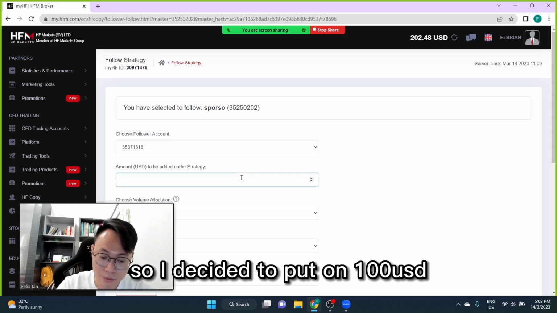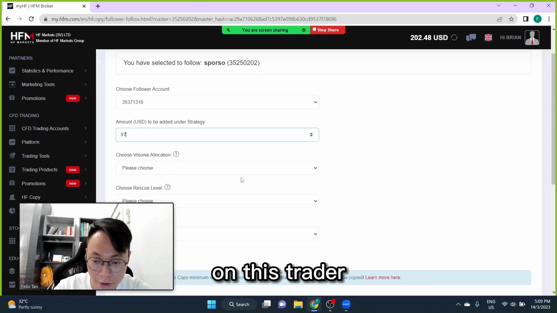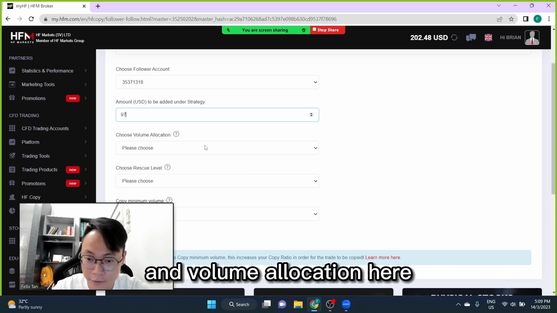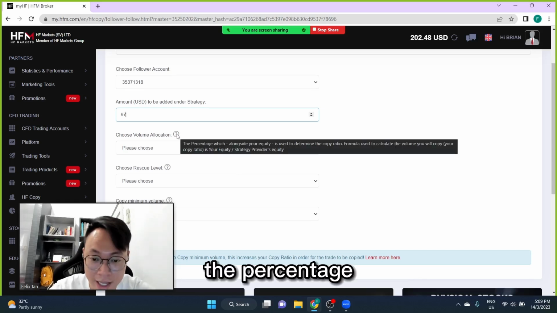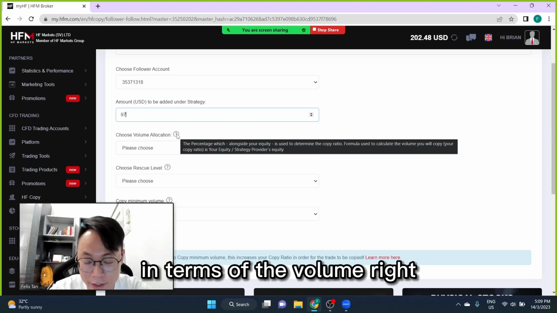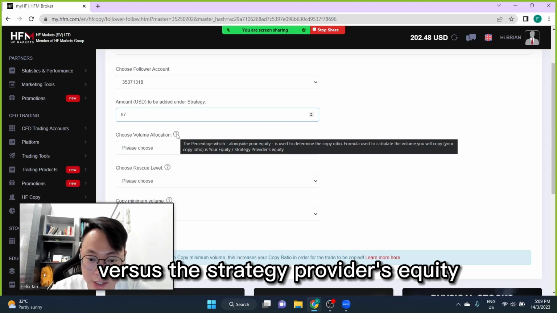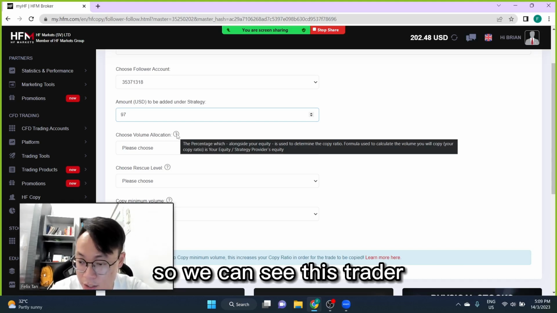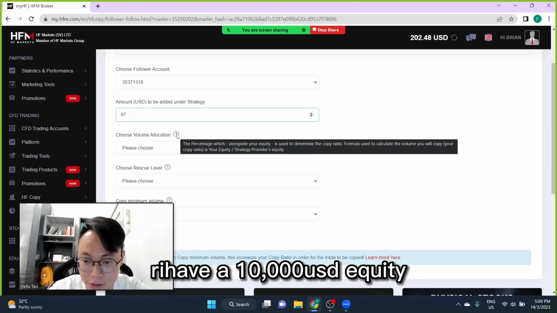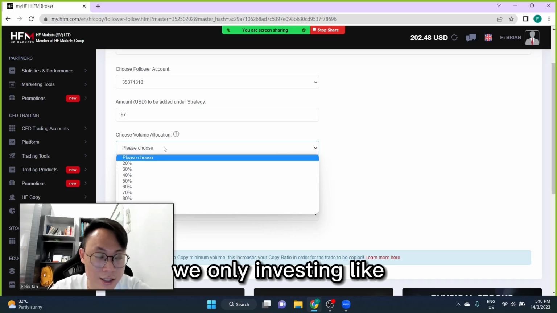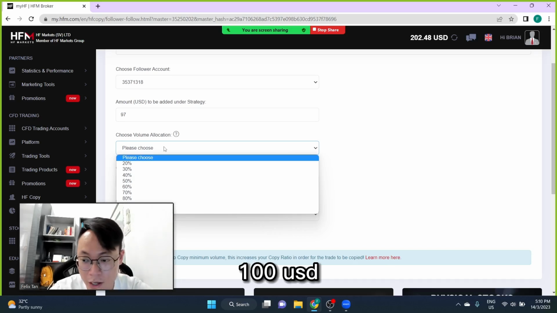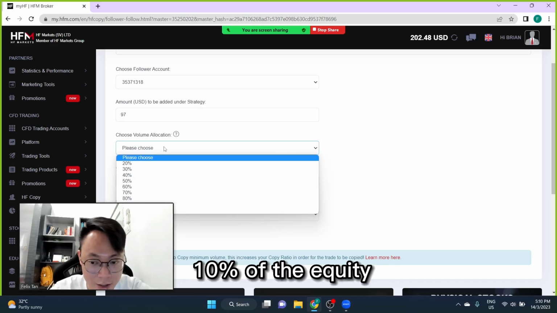I decided to put 100 USD on this trader. Volume allocation means the percentage you want to copy in terms of volume, right, which is your equity versus the strategy provider's equity. We can see this trader right now has 10,000 US dollars in equity, right? So we are only investing 100 US dollars, which is 1% of the equity.